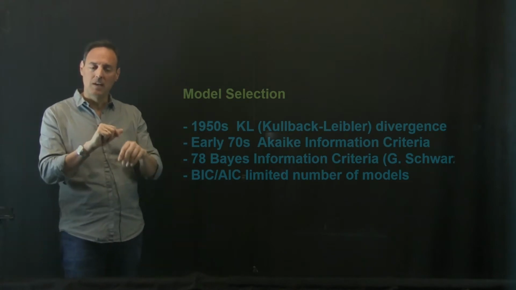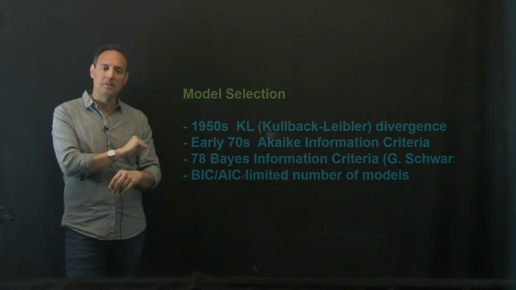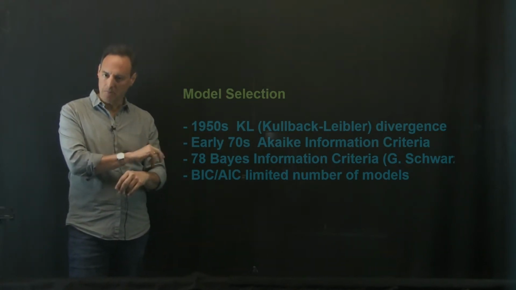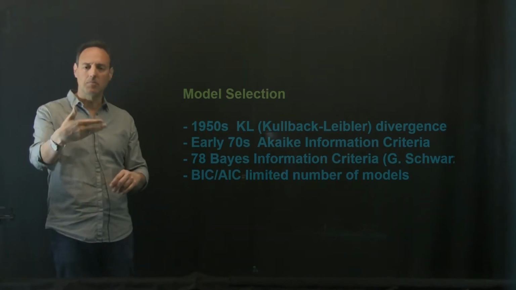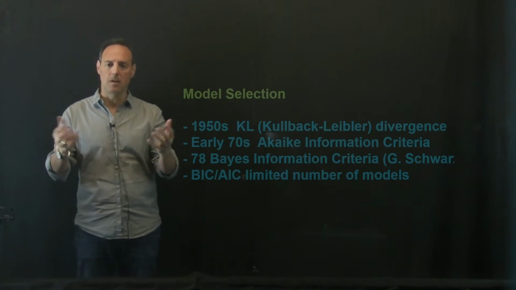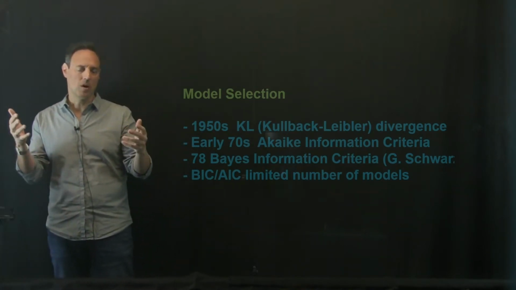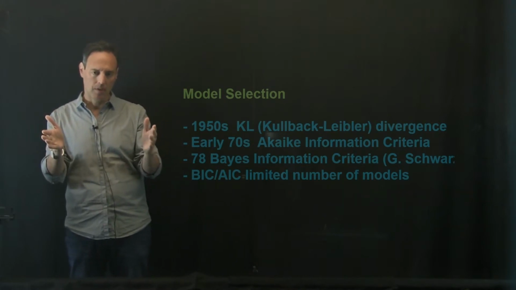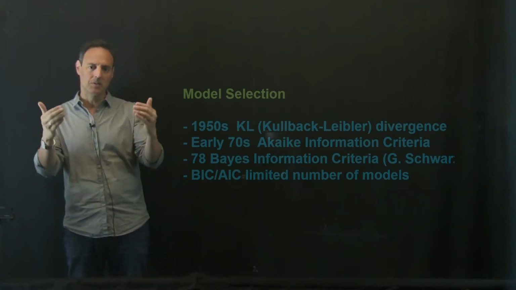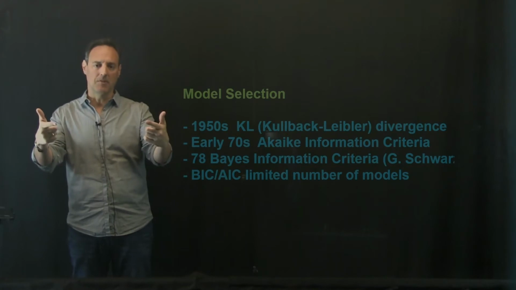Now this was formalized in the 70s with the Akaike information criterion, AIC. What this did was say, instead of you giving me one model, how about you give me a suite of models, a handful that you may come up with, and say which one of these models is most representative of the data.